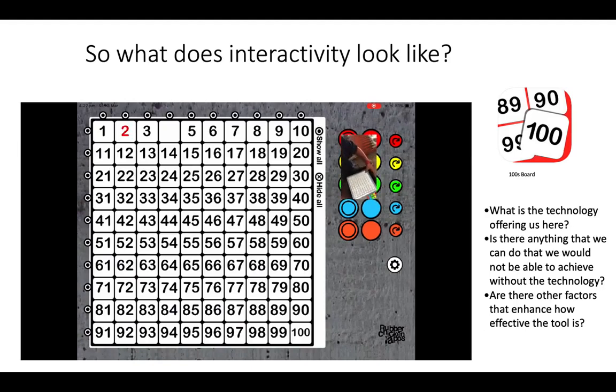2, 4, 6, 8, 10, 12, 14, 16, 19. That's not 19.